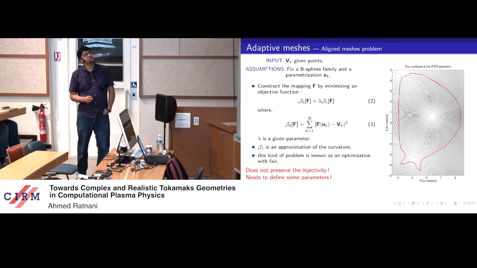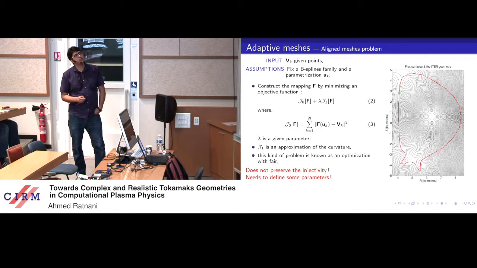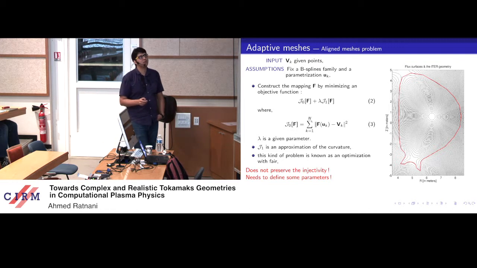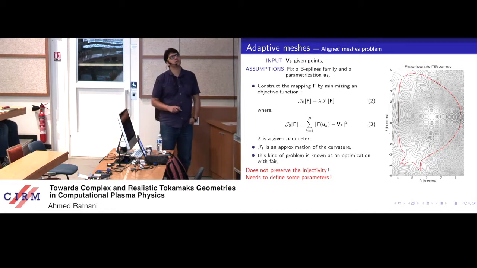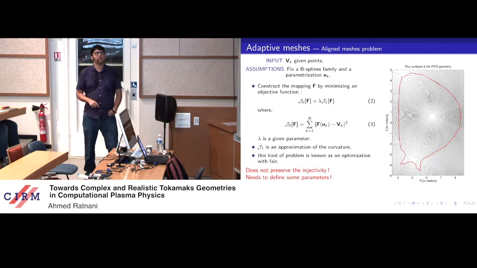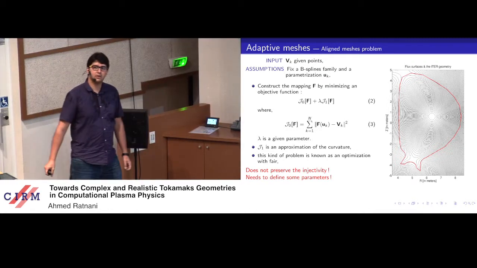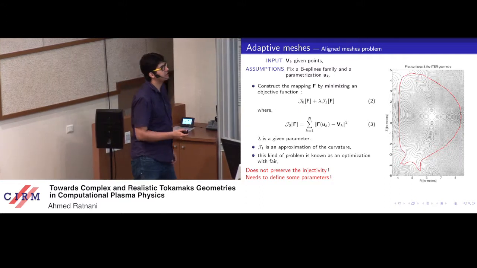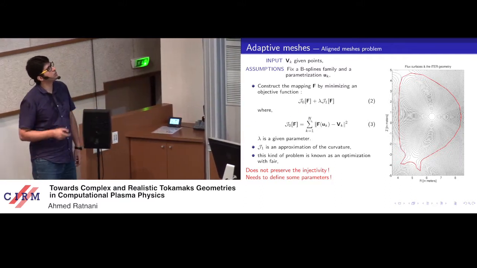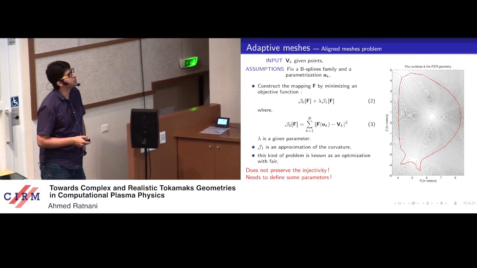And then you need to find the mapping by minimizing a functional which can be written like G0 plus lambda G1, where G1 is something that will regularize the surface, and in fact it is just an approximation of the curvature. Such a problem is known as optimization with fairing.